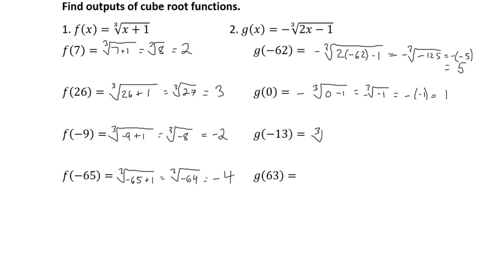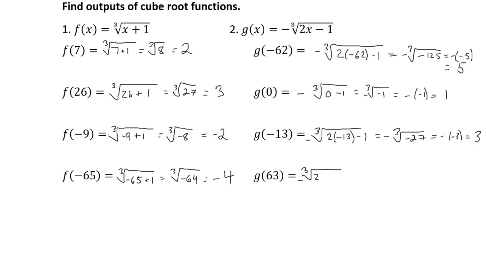Cube root of 2 times negative 13 minus 1, which is the negative cube root of negative 26 minus 1 would give us negative 27. So that is a negative 3, which is a positive 3. And then 63, plug that in.